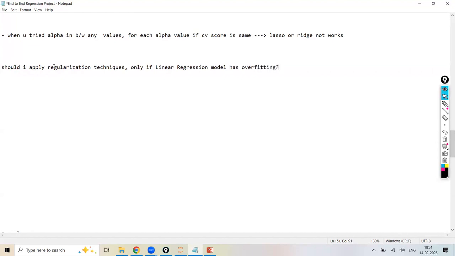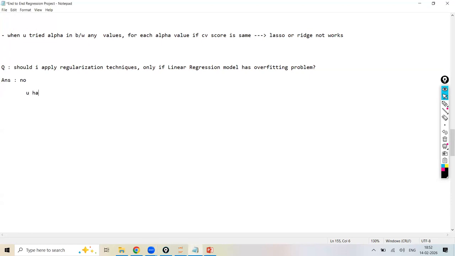Should I apply it only in this case? That is the question. If the linear regression has an overfitting problem, should I apply it only in this case? The answer is no. The answer is no.